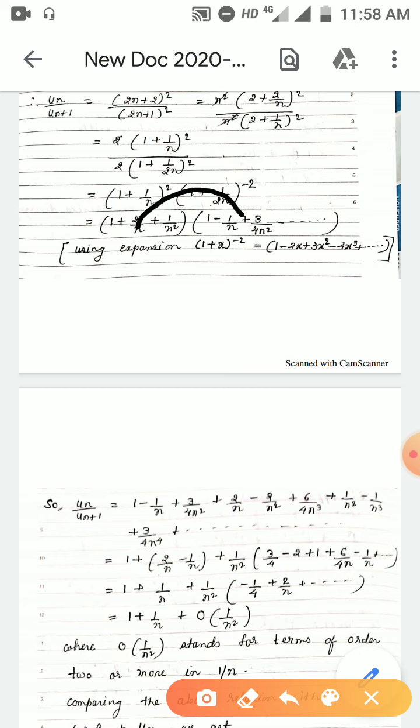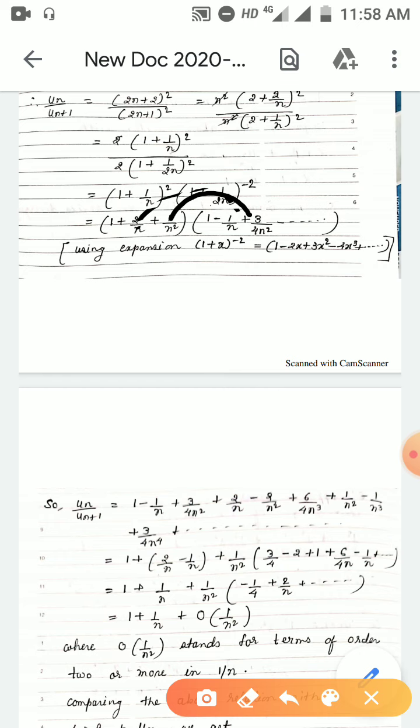Then multiplying 1/n² to these three terms, we get 1/n² − 1/n³ + 3/(4n⁴) plus and so on.